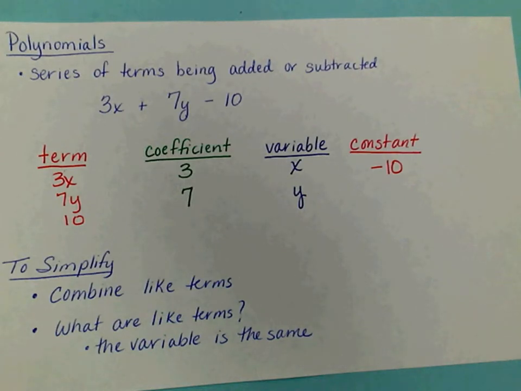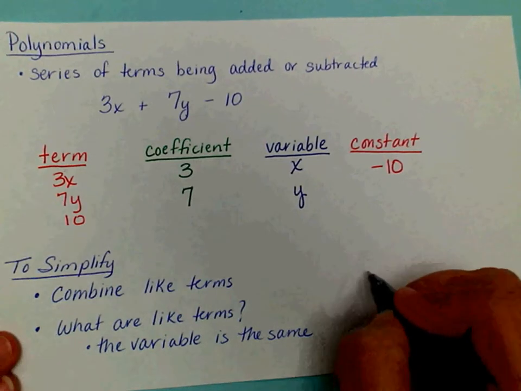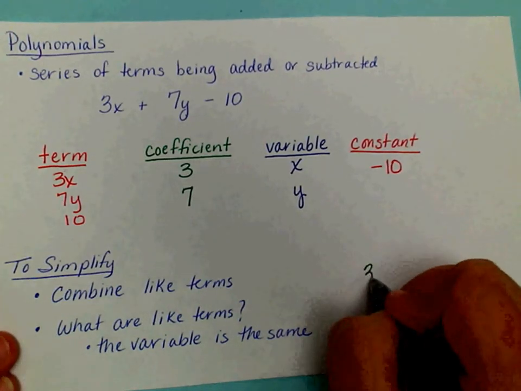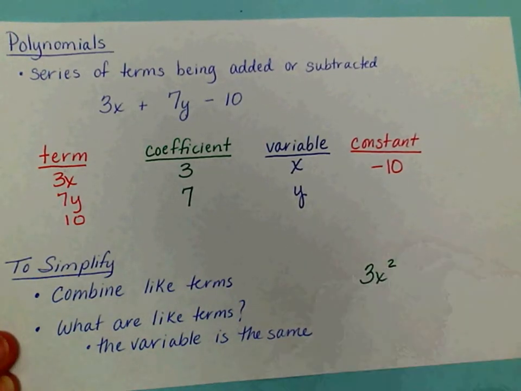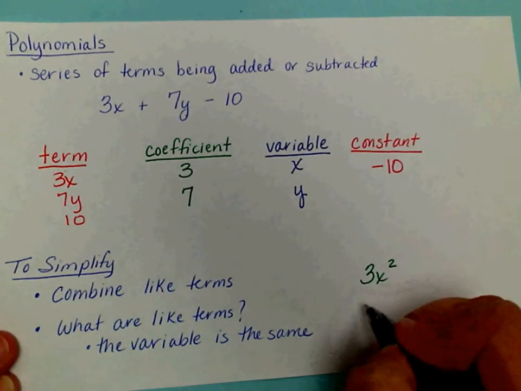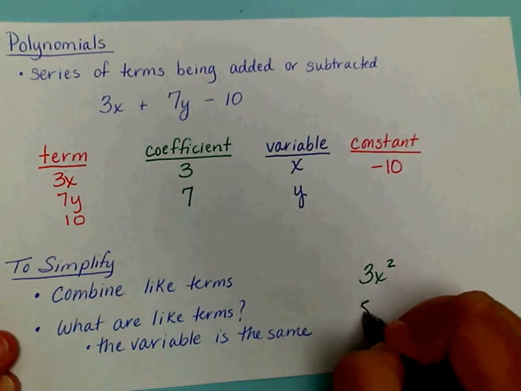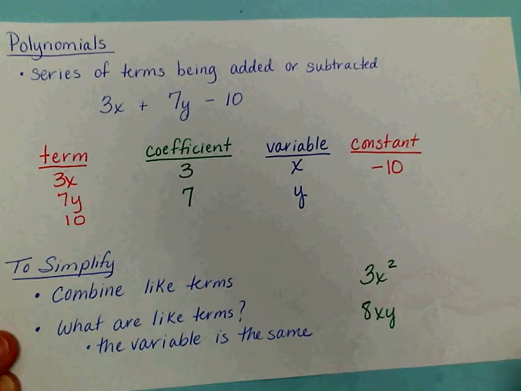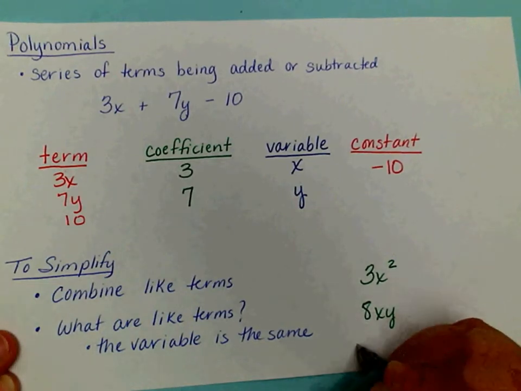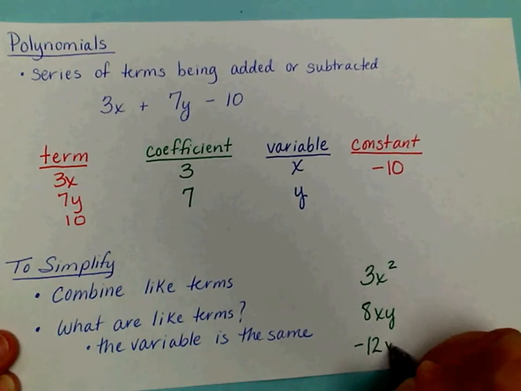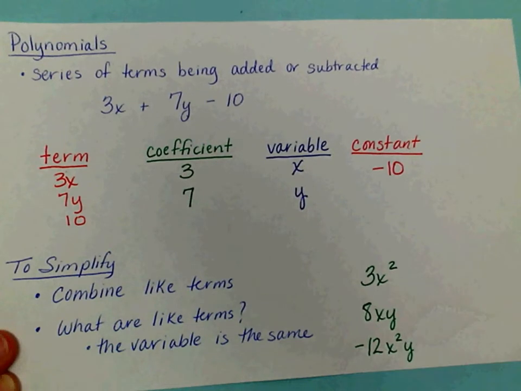So just to give you an example, think about if we had the term of 3x squared, and maybe we had something like 8xy, and then we had maybe a negative 12x squared y. And then let's make up 3 more terms.